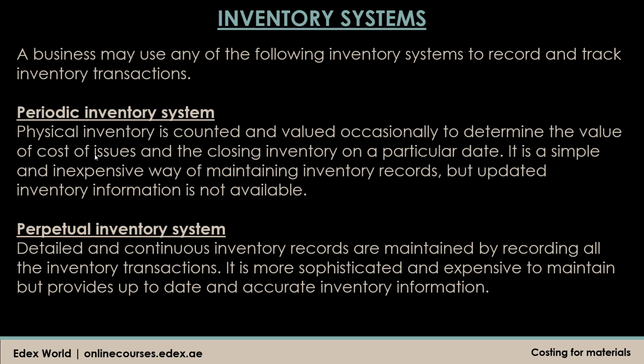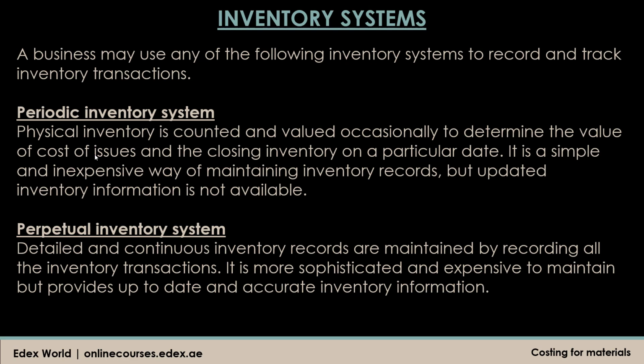Another way of having inventory records is the perpetual inventory system, where detailed and continuous inventory records are maintained. Whenever inventories are received, entries are made in the inventory records, these are detailed records. Whenever inventories are issued, again the entries are made in the inventory records. Continuous closing balances are available through such records.